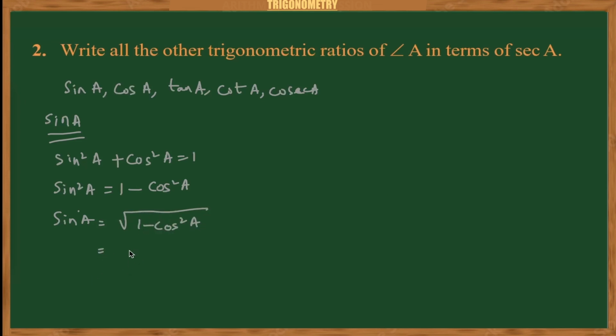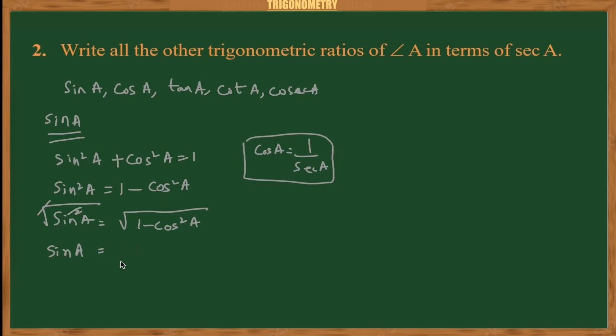Squaring both sides, this becomes your sin A. We know that cos A can be represented with the identity cos A is equal to 1 by secant A. Remember this identity.